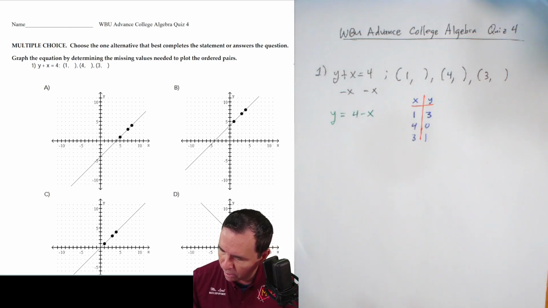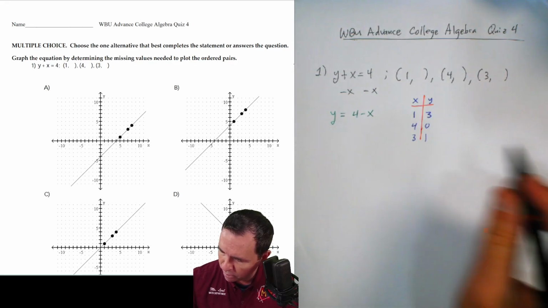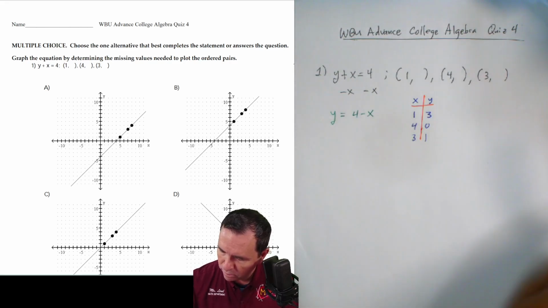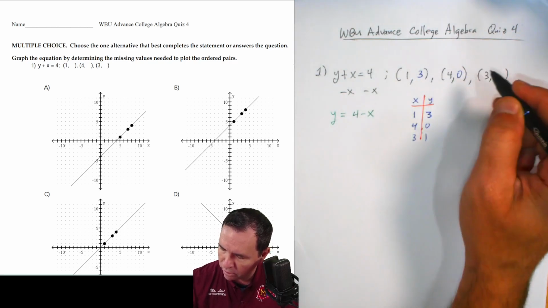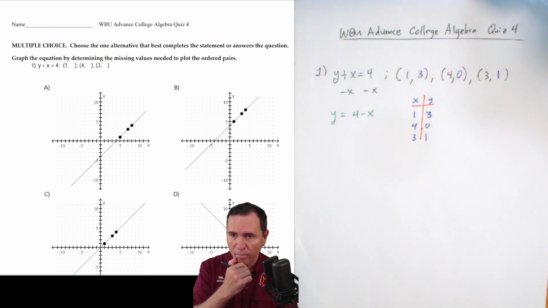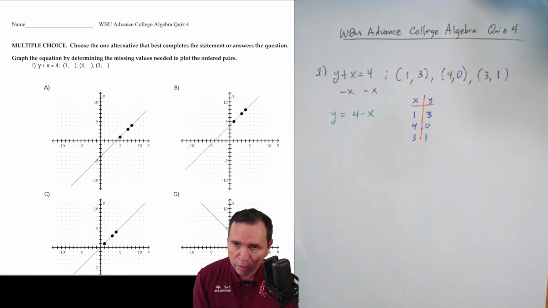Let's go ahead and put those values over here. This becomes 1, 3, 4, 0, and 3, 1. Okay? And so now what we need to do is we need to find a graph that has these values, 1, 3, 4, 0, and 3, 1.